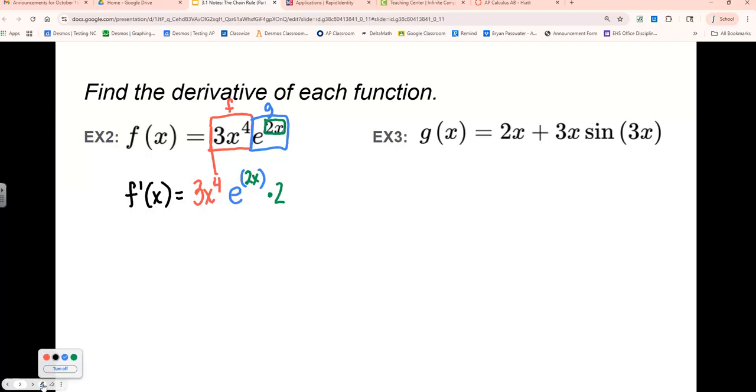Okay, then we'll have plus the g of x part, which is just e to the 2x, don't take the derivative there, times the derivative of 3x to the fourth, which is just going to be 12x to the third.